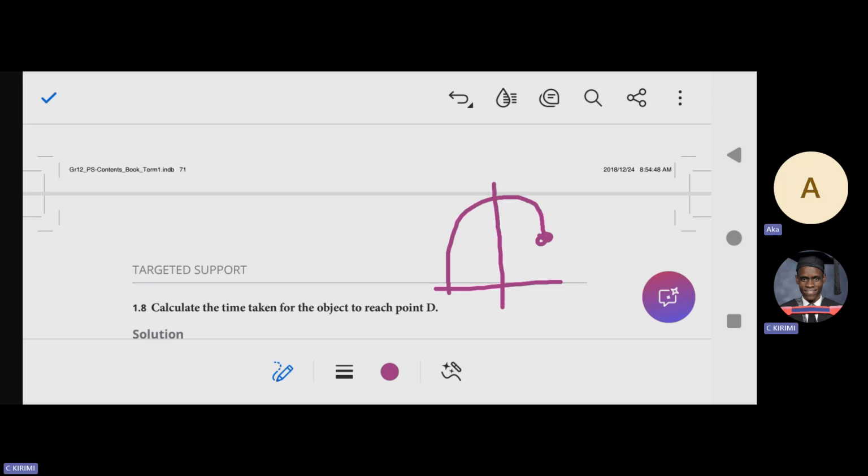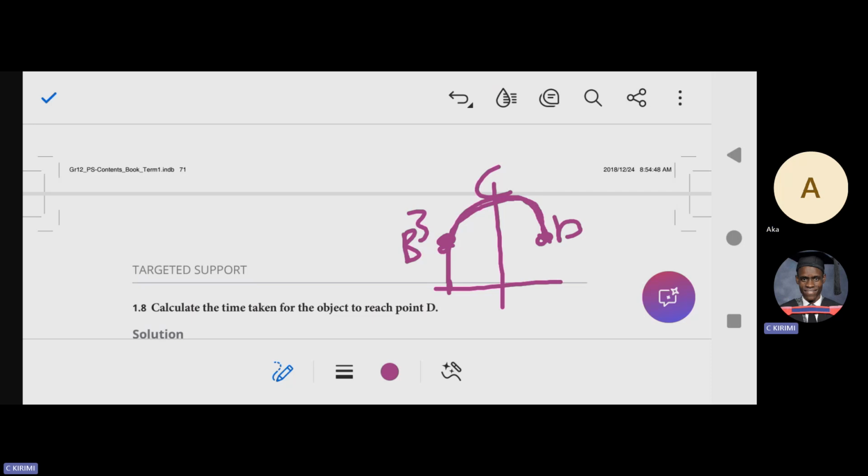We calculated from A to C, but B, this is C, this is D. So they want only this time. You have been told the whole projection is 10.2 seconds, the half is 5.10, the other half is 5.10.